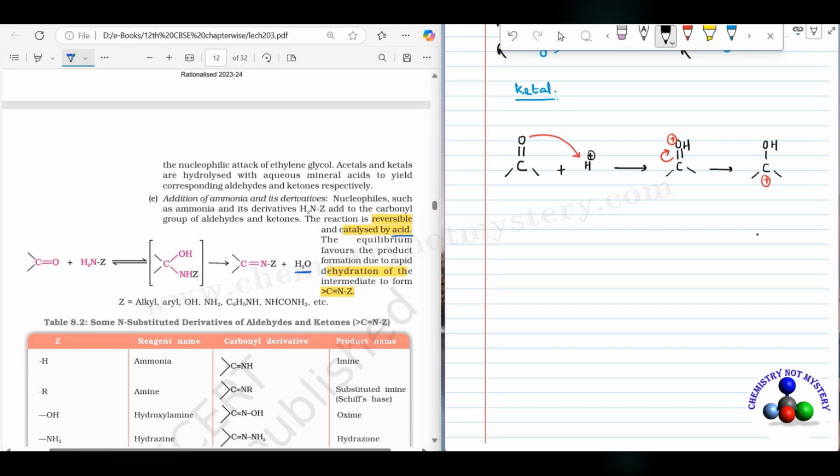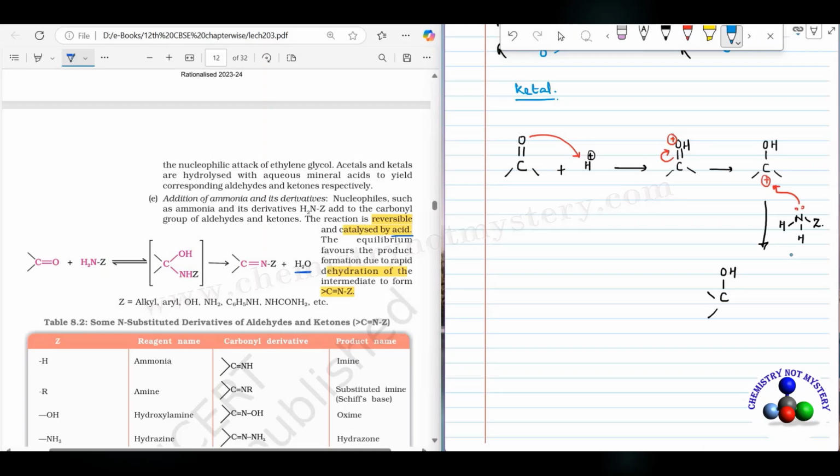So here when it reacts with H, N, H, and there is some Z group bonded to nitrogen. Nitrogen has a pair of electrons, so it will attack this positively charged carbon. When it attacks the positively charged carbon, here you will get carbon and there was OH and there were two free valencies.